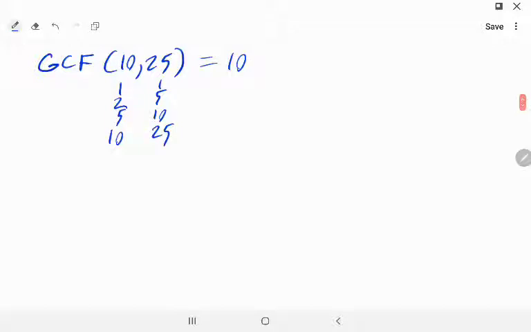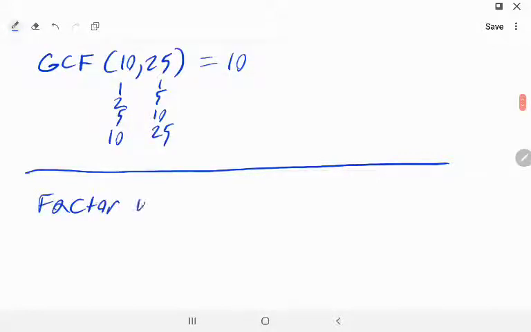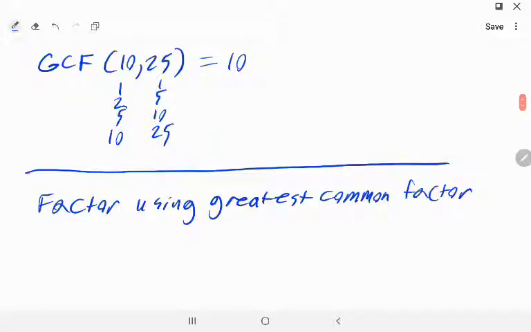So if we were looking at something like 3x plus 12, the greatest common factor of 3 and 12 is 3, so we can write 3 times something equals 3x plus 12.